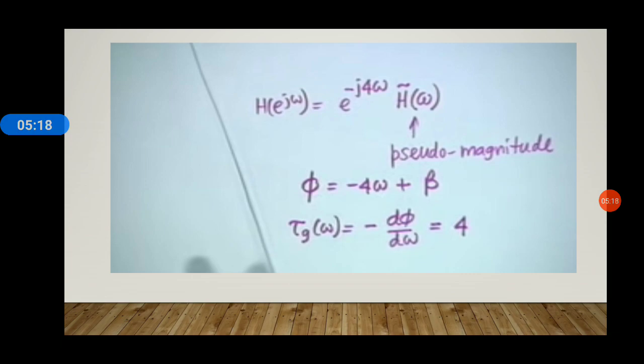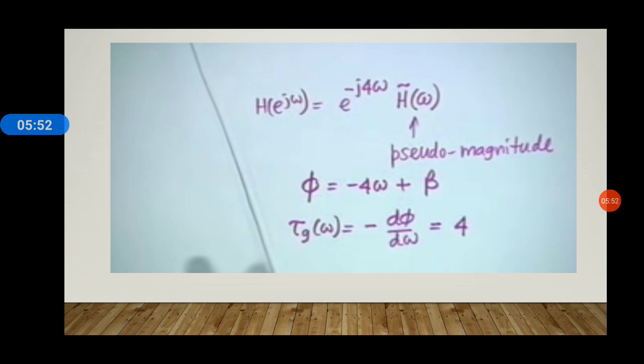Now H tilde(omega) is called the pseudo magnitude. Why pseudo magnitude? Because it is not only the magnitude, but it will have some part of the phase also. Here the phase would be equal to minus 4 omega plus beta, which is for the pseudo magnitude part. Now the group delay, which is defined as minus d phi d omega, where phi is the phase, is equal to 4, which is constant.